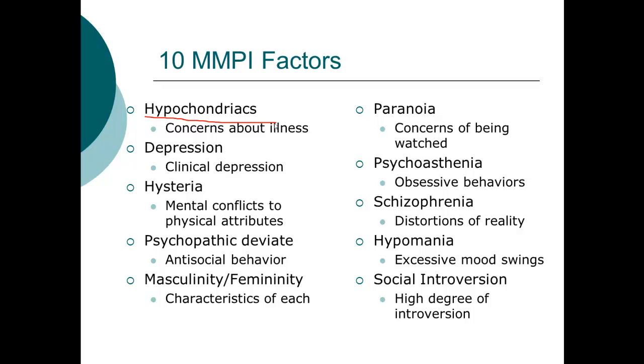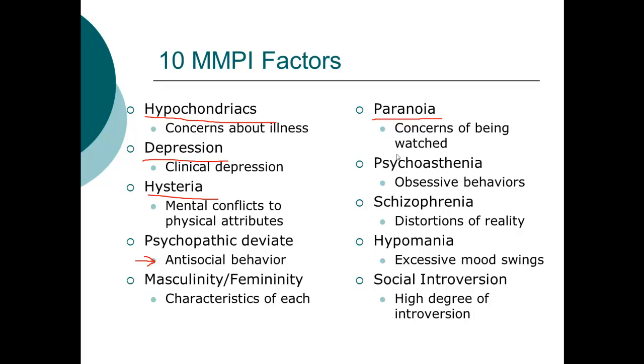like hypochondriacs, depression, hysteria, psychopathic deviates, where they have all kinds of antisocial behavior, degrees of masculinity, femininity, and the characteristics of each, paranoia.